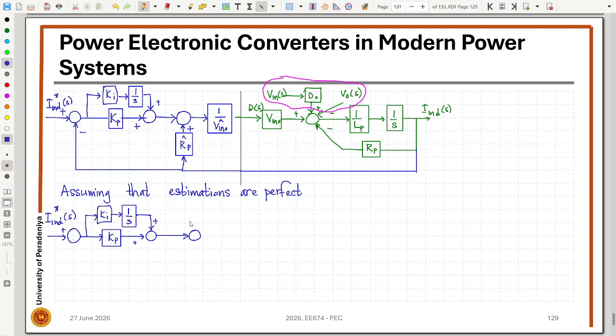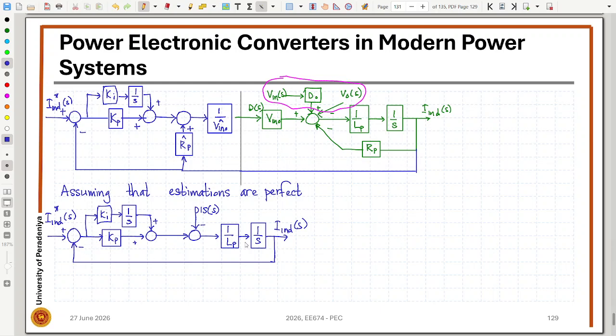So in combination I will have one disturbance. We will mark it as disturbance(s). We have 1 over Lp, 1 over s, and we have the I inductance(s). So this would be the simplified block diagram.